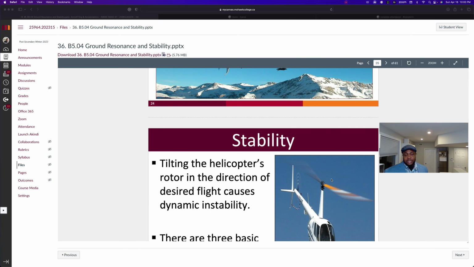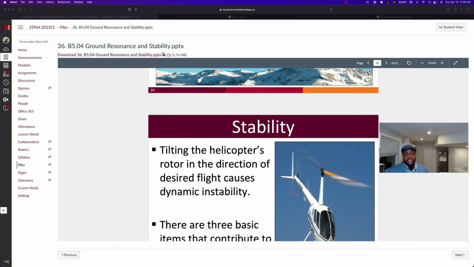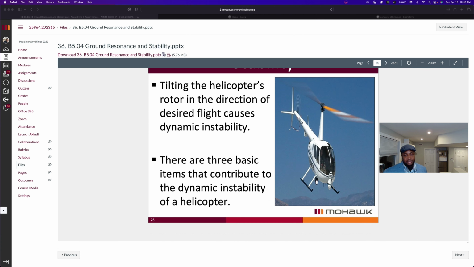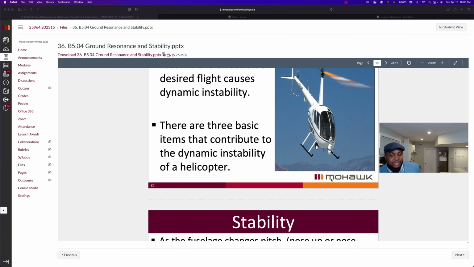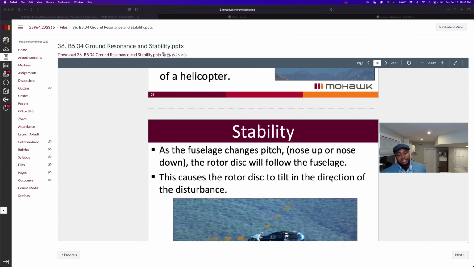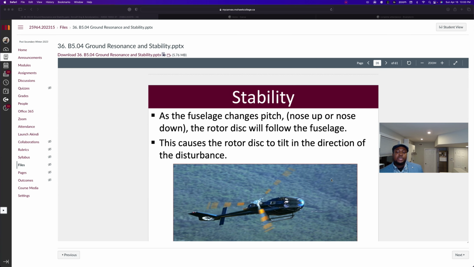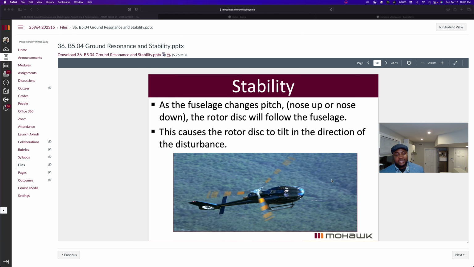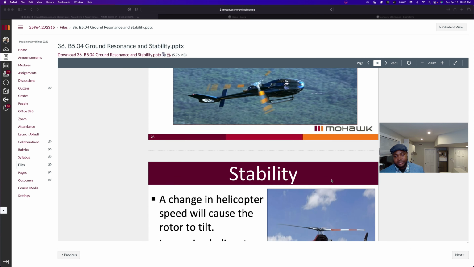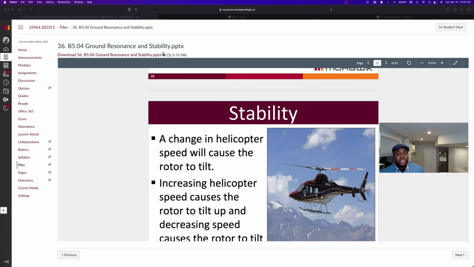Tilting the helicopter's rotor in the direction of flight causes dynamic instability. There are three basic items that contribute to this dynamic instability of the helicopter. As the fuselage changes its pitch, the rotor disc will follow the fuselage. This causes the rotor disc to tilt in the direction of disturbance. A change in the helicopter's speed will also cause the rotor to tilt.